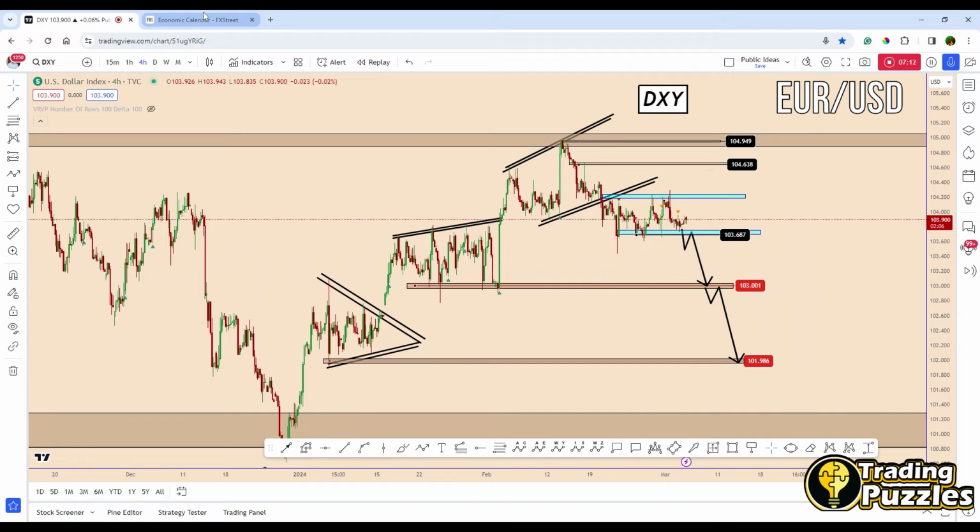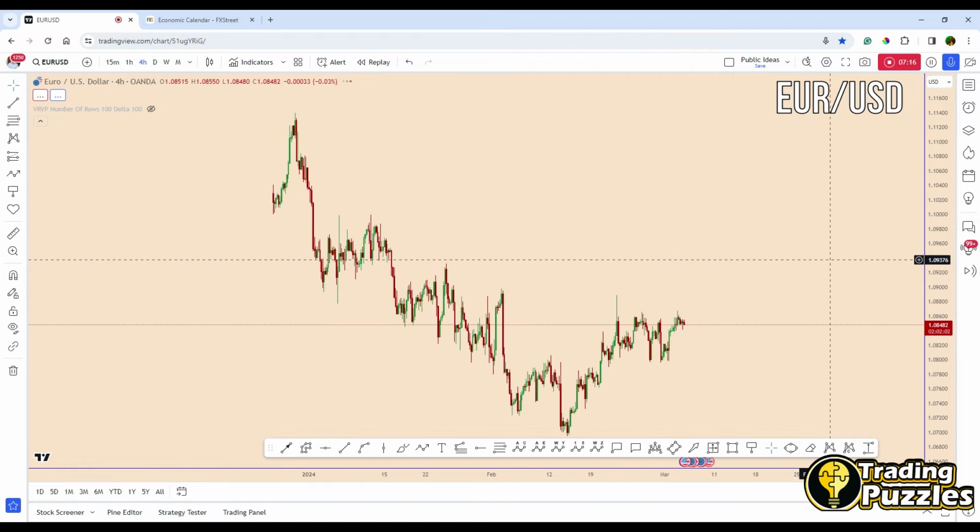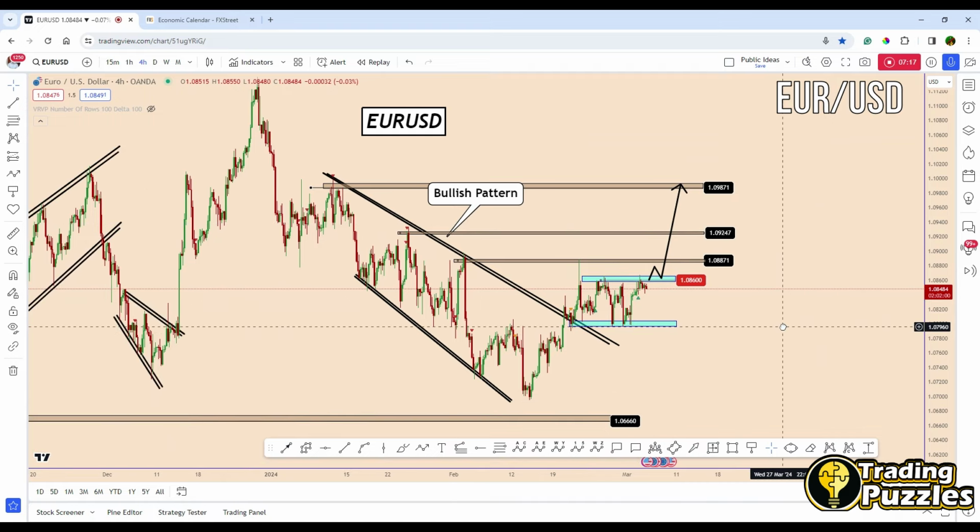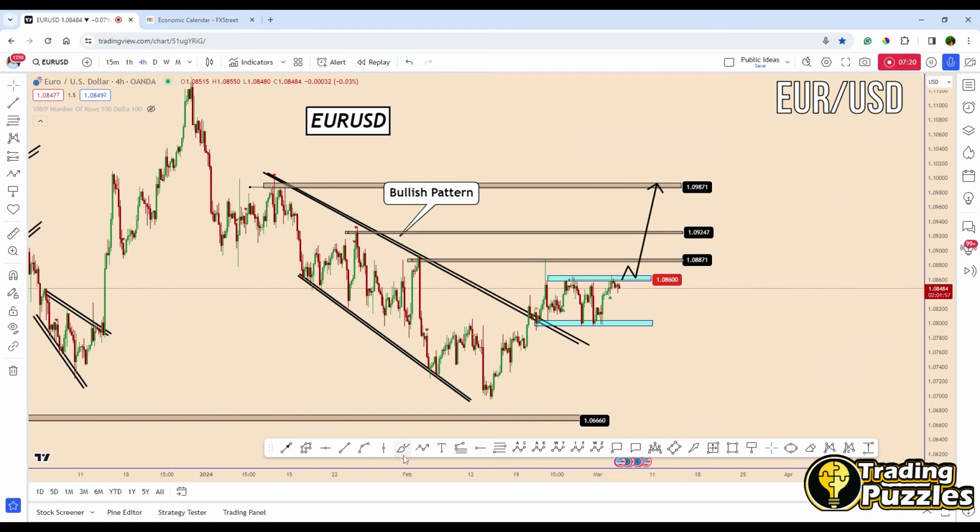However, considering that we have also the ECB interest rate decision, we have to be careful. The market may anticipate that the President Lagarde is not going to share anything new. It can be possible that we may see Euro USD testing this zone as a beginning, 1.08 approximately.